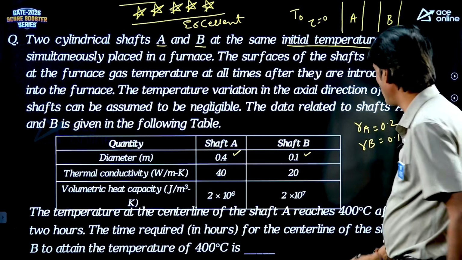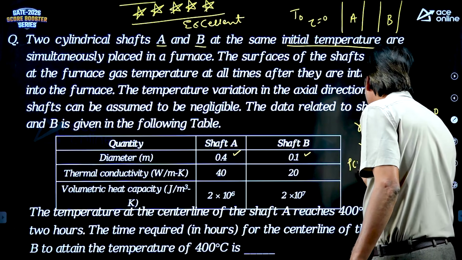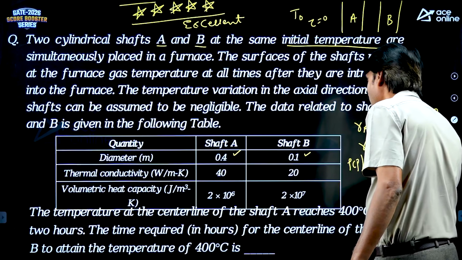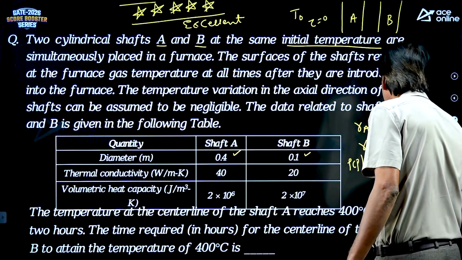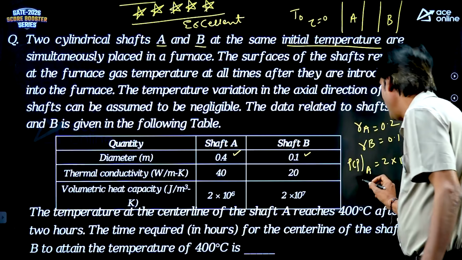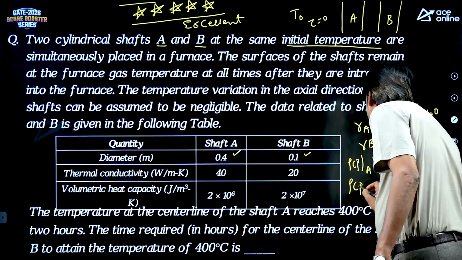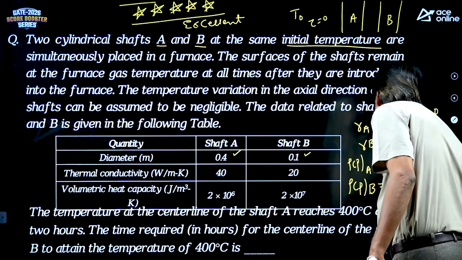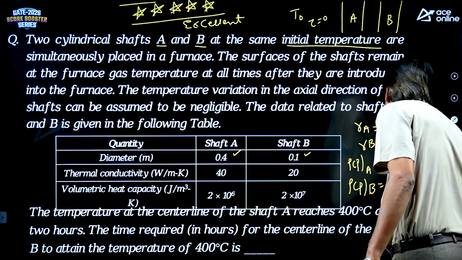Volumetric heat capacity rho into Cp of A is 2 into 10 power 6, rho into Cp for B is 2 into 10 power 7.